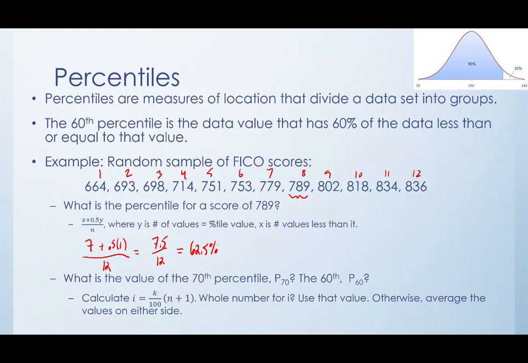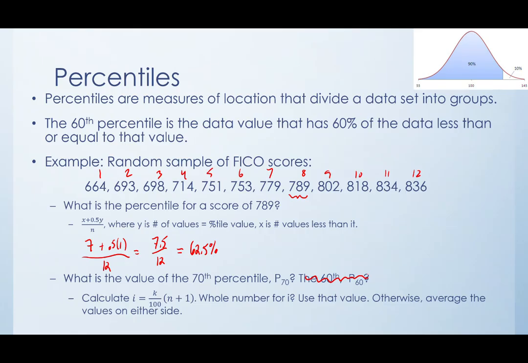So not too bad here. All right, we're not going to do the 60th percentile. Now, because this is a very small data set, if you back it out the other direction, you might get multiple percentiles for the same value. So for instance here, we're going to find the value of the 70th percentile.